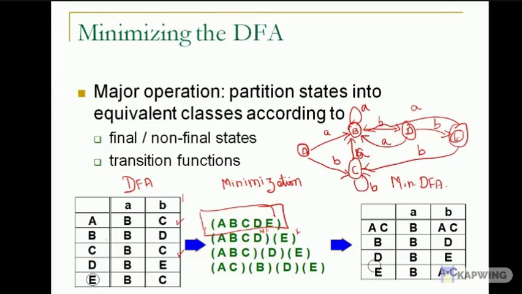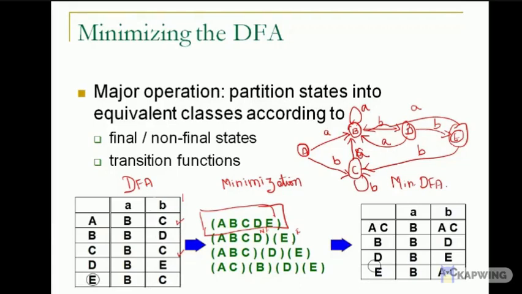And for B and D, is there any possibility to merge them? B on input symbol a goes to B. D also on input symbol a goes to B. But here it goes to D, while here it goes to E, right? So we cannot merge them.